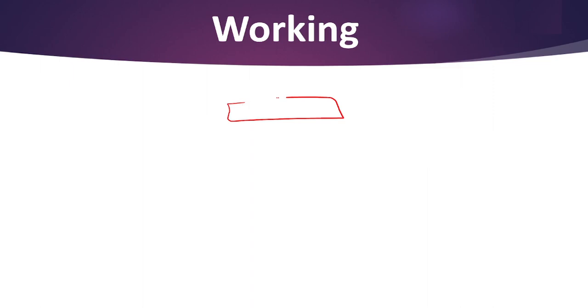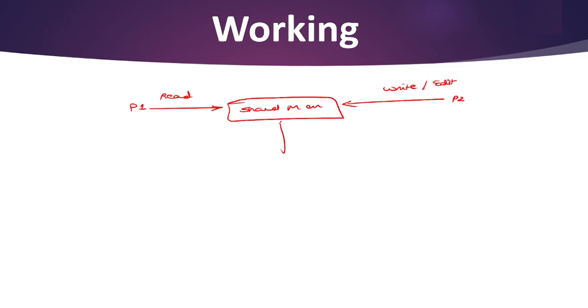Let's say this is the central shared memory. Process P1 at the same time wants to read this. At the same time process P2 is going to write here. Write here means it is going to edit or make changes to the shared memory.